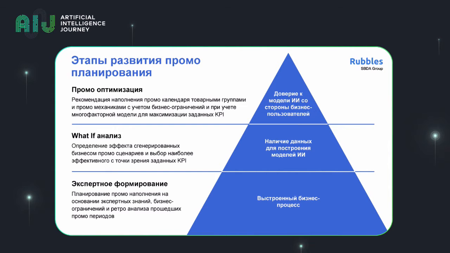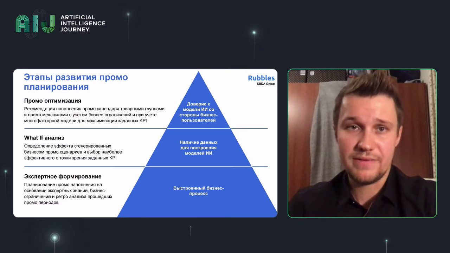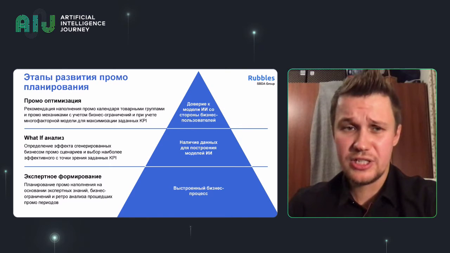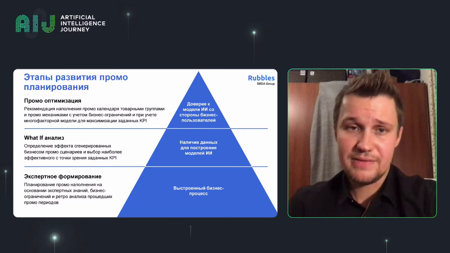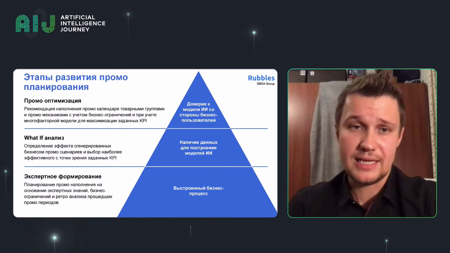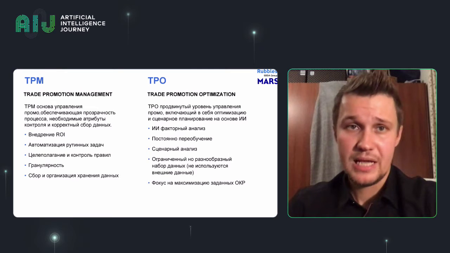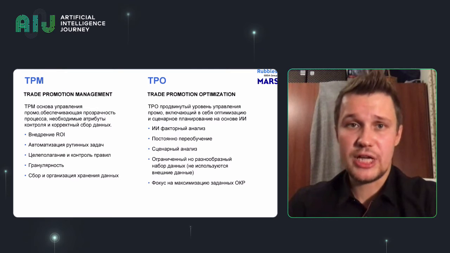That is, they either rely on the preferences of their partners, retailers, or they rely on the acumen of their expert employees, who are mostly using Excel spreadsheets. It is pretty difficult in a situation like this to ensure proper process governance. But if you've done that, you can focus on promo management and promo optimization.